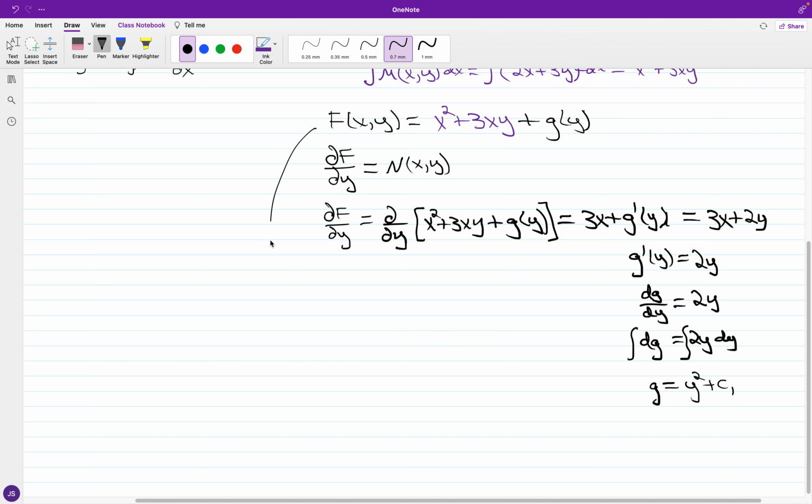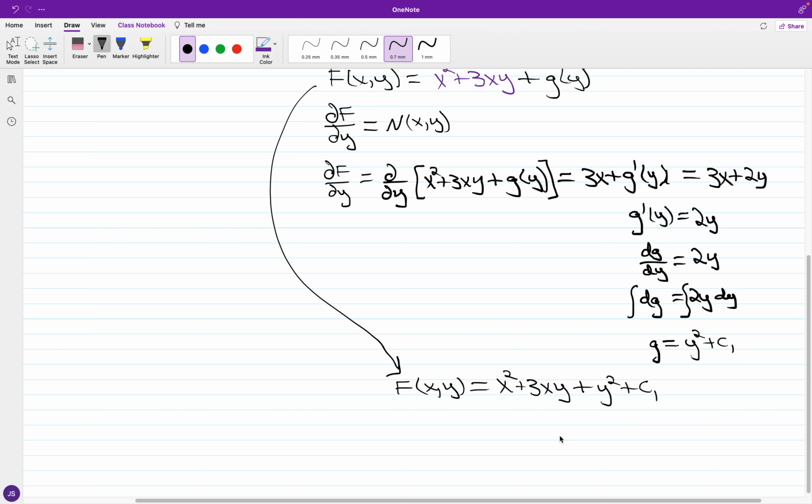Going back to our function f of x and y, that is equal to x squared plus 3xy plus g of y, so we have y squared plus the first constant, and the constants are absorbed. If I isolate the constant, we have c is equal to x squared plus 3xy plus y squared.